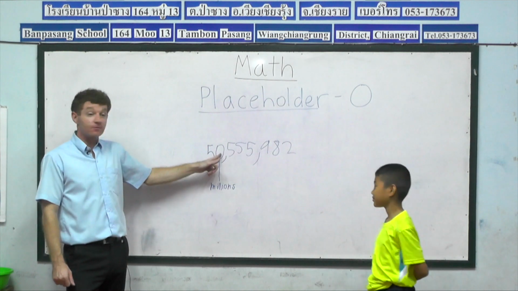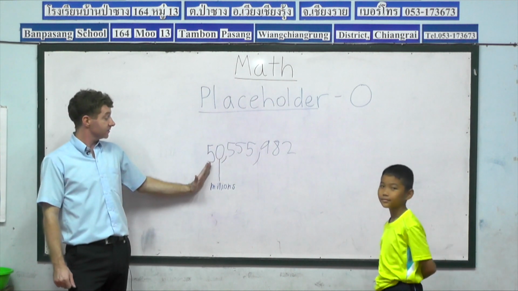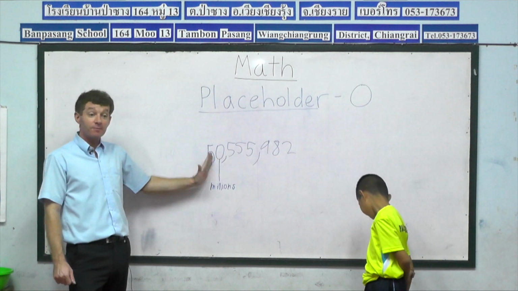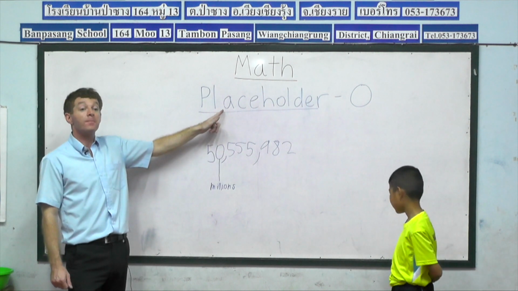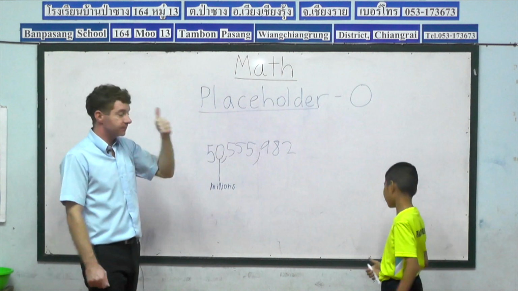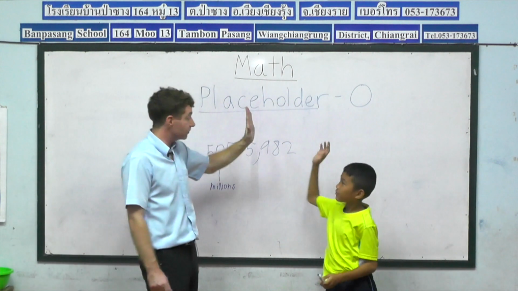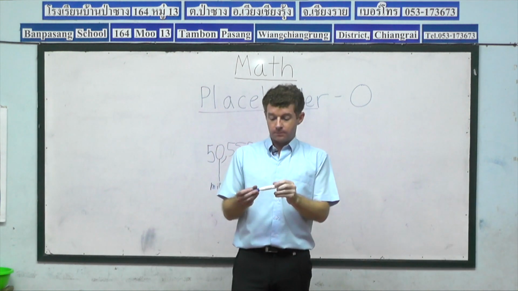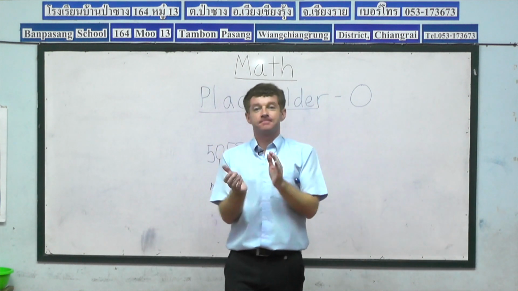You see, it needs to be there, otherwise the 10 millions would be in the wrong place. So it needs to be there as the placeholder. Excellent. Bangpon, that was great. Well done. High five. Big round of applause for Bangpon.